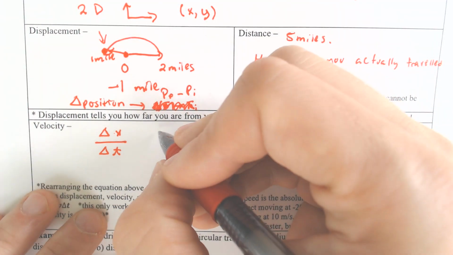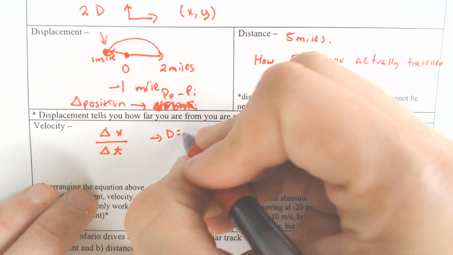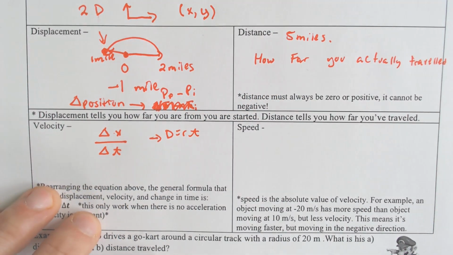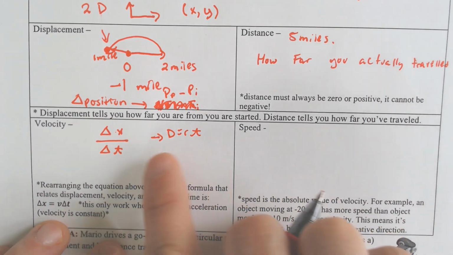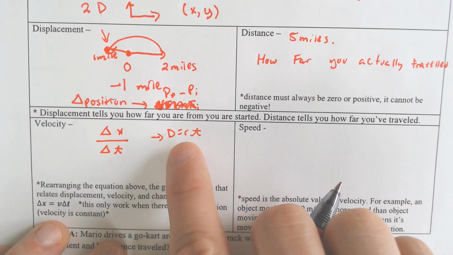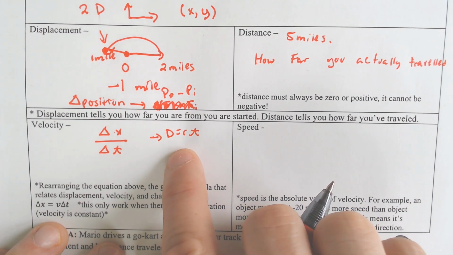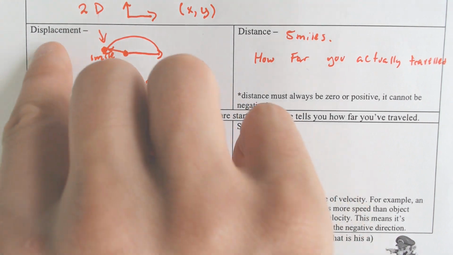Now, that is very similar to your distance equals rate times time formula that you've probably heard of a few different times, but that is different than speed because speed is involving distance. And if we just learned something about here, distance is not necessarily displacement.